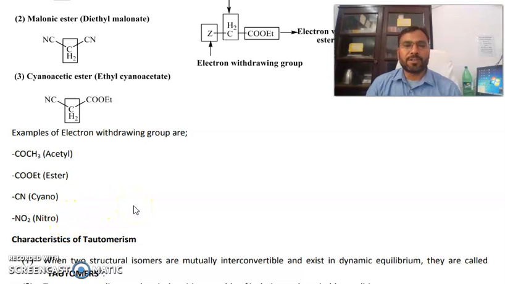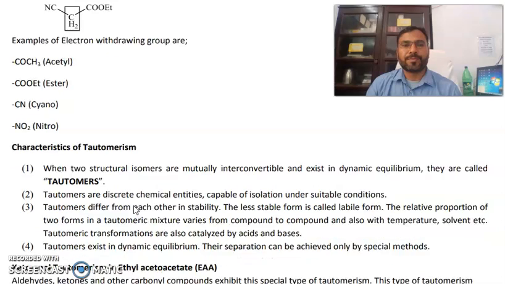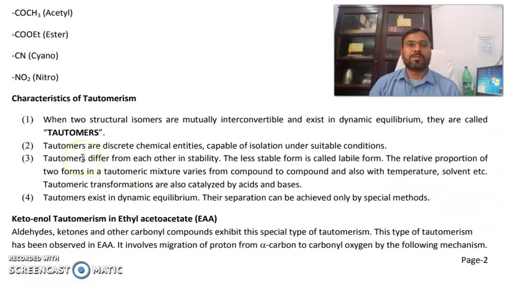Now, characteristics of tautomerism. When two structural isomers are mutually interconvertible and exist in dynamic equilibrium, they are called tautomers. Tautomers are discrete chemical entities capable of isolation under suitable conditions. Tautomers differ from each other in stability.